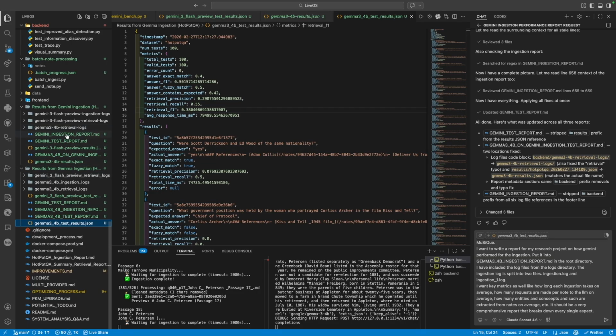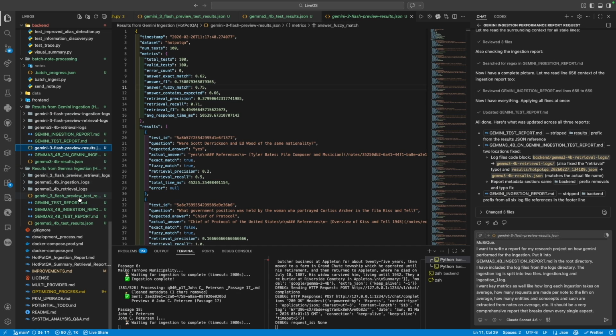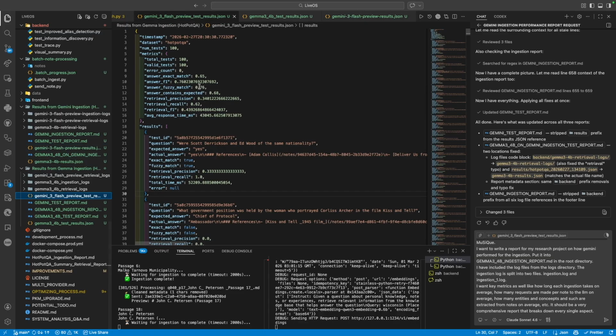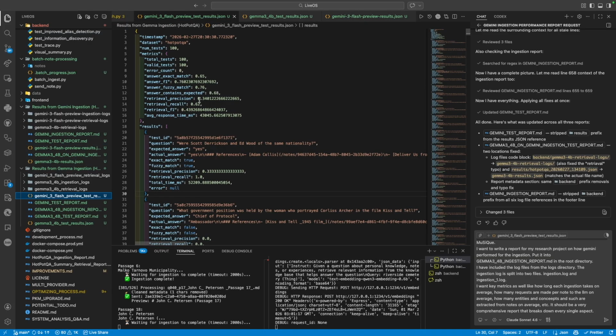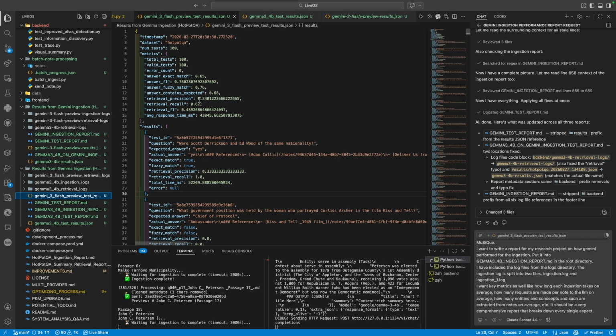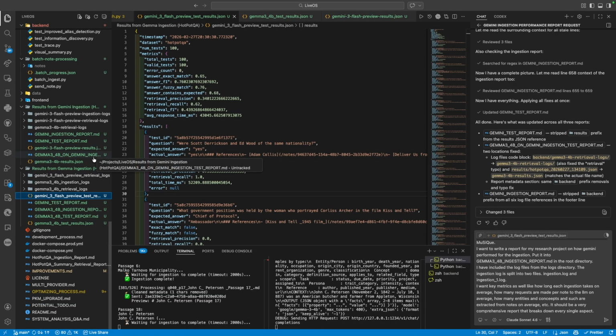If you look at it, Gemini ingested the notes and when tested, it got 62 and 75. And when Gemma ingested the notes and Gemini tested it, it got 65 and 76, which means that Gemma's ingestion process is on par with Gemini's ingestion process. Isn't that interesting? Gemma 3 4B, a 4B model, is on par for the ingestion with Gemini 3 Flash.